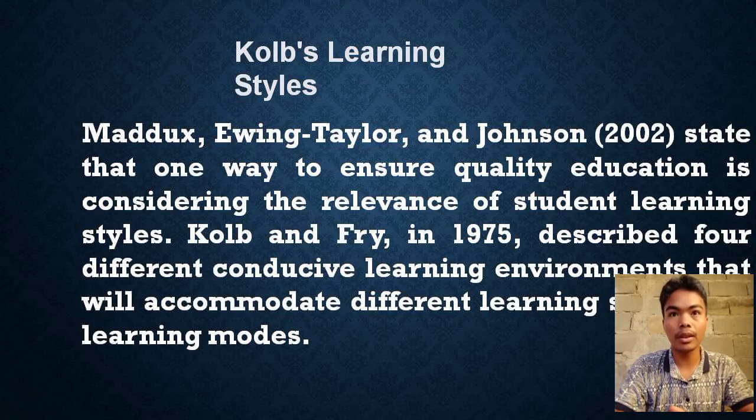David Kolb presented four basic learning styles named accommodative, assimilative, divergent, and convergent. Each learning style is incorporated with four learning modes: the concrete experiences, reflective observation, abstract conceptualization, and active experimentation.